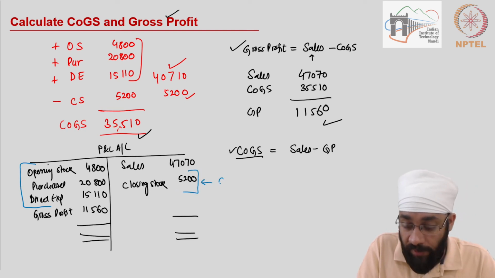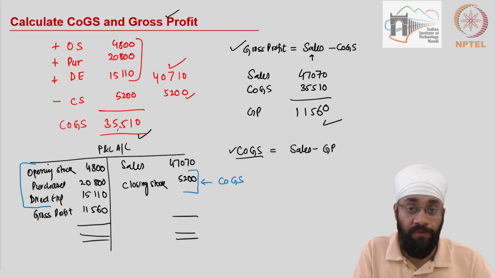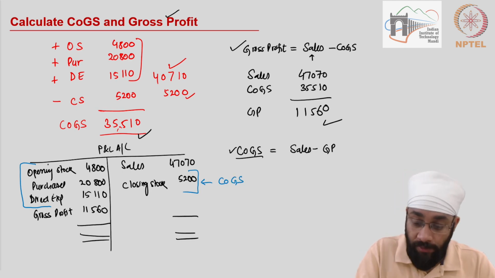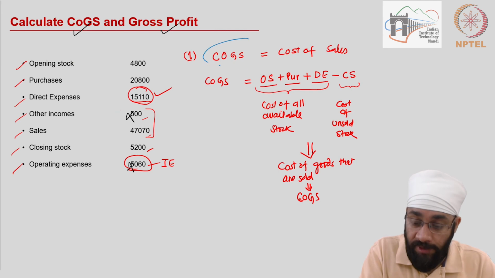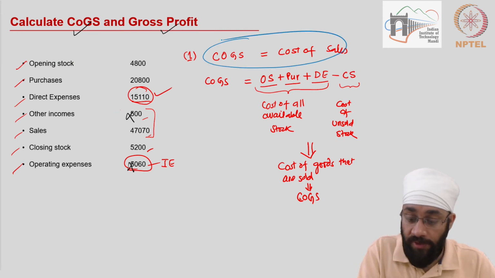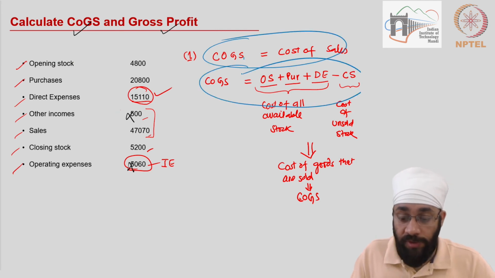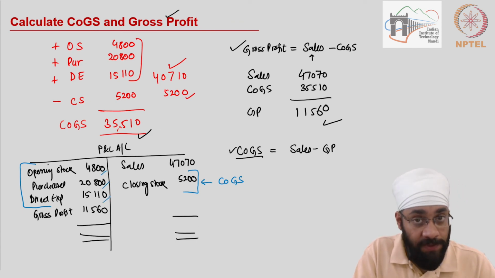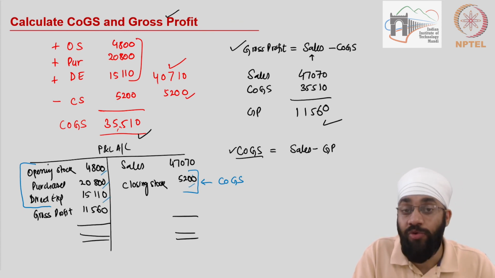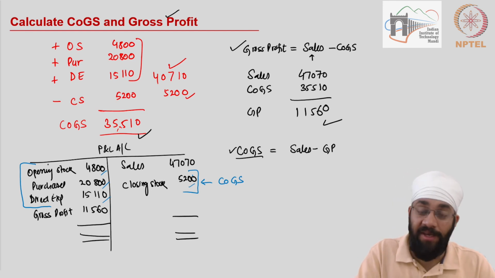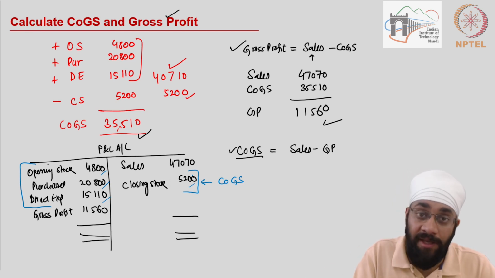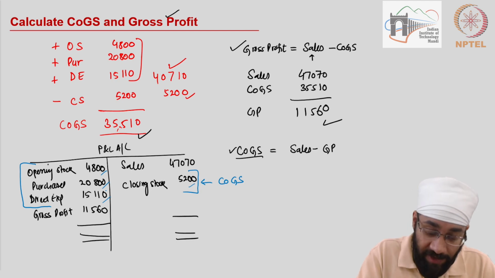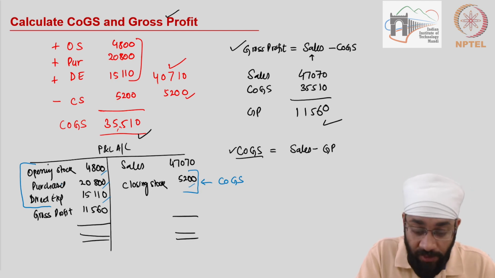This is the equation which is written here: cost of goods sold is opening stock plus purchases plus direct expenses, and then you deduct closing stock from that. By writing it on the credit side, we are deducting this. So this in effect gives you the cost of the goods sold.